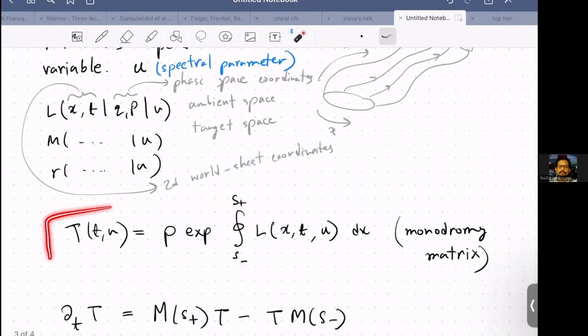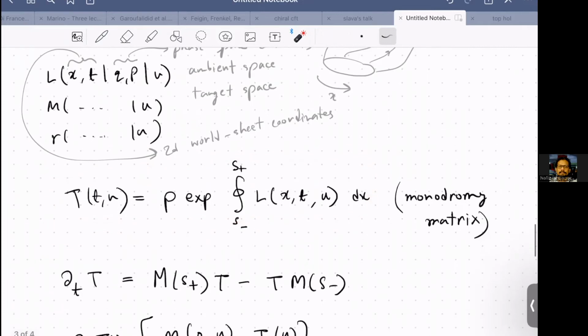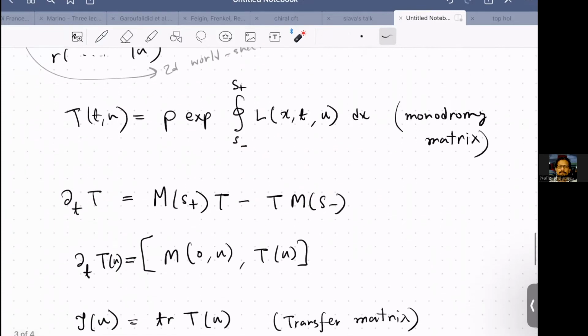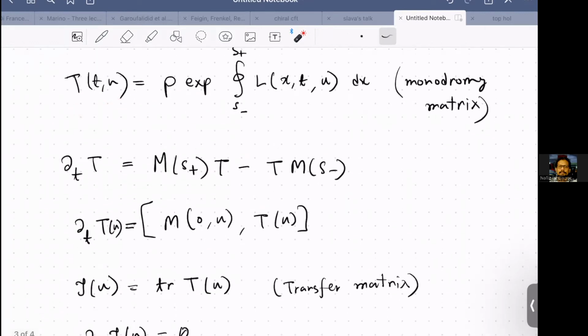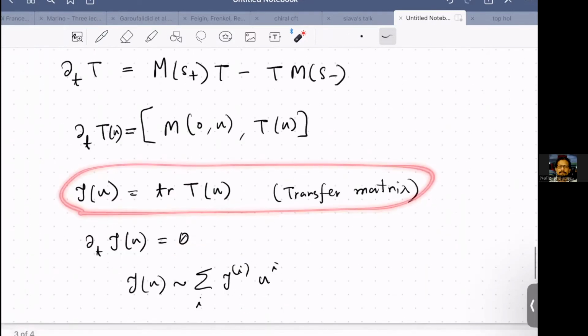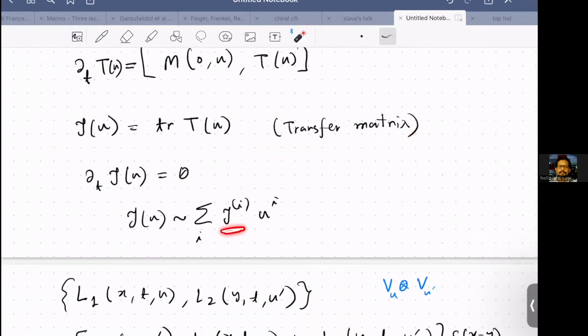Then we constructed a monodromy matrix by taking a path ordered exponential of our Lax operator. Then we showed that if we take the trace of the monodromy matrix, we find the transfer matrix whose Fourier coefficients, let's call them Fourier coefficients, which is what we get by expanding the transfer matrix in the variable, which is the spectral parameter.